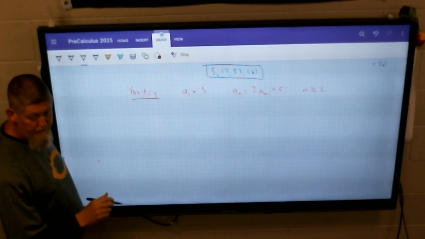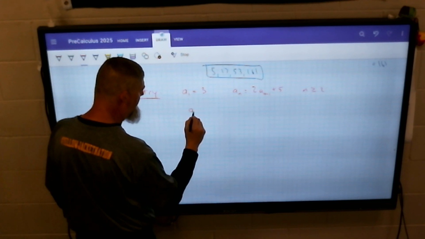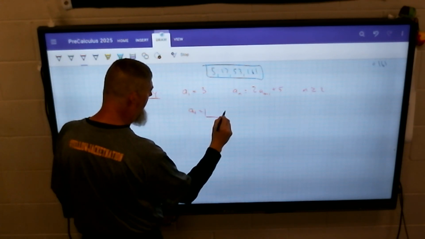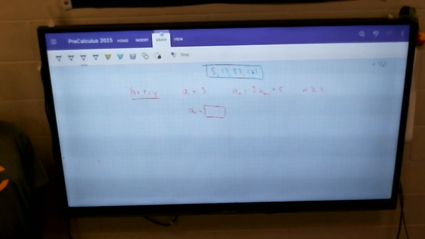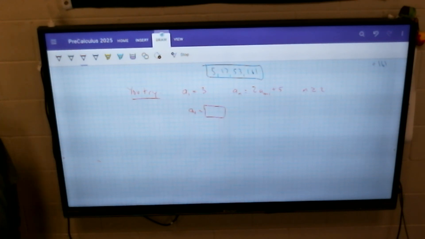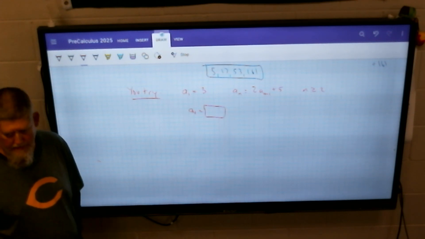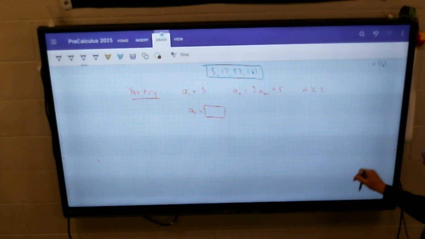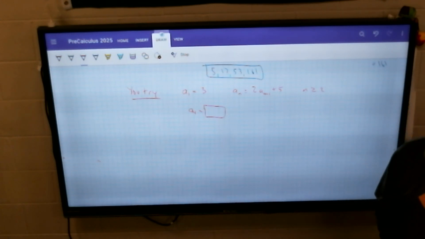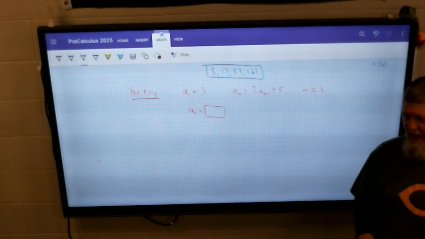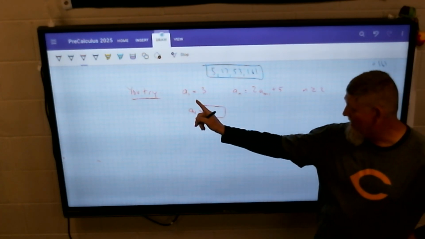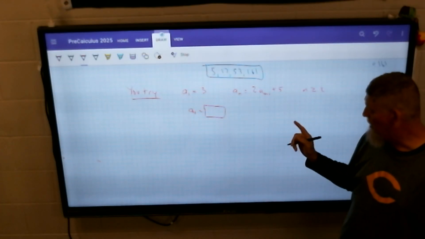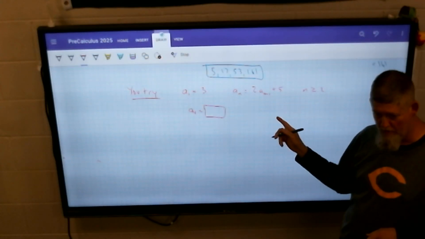I have a question. Find A sub 4, and then I'll answer your question. What is the n is greater than or equal to 2? What's it for? It's only there to tell you, I've given you the first term, so we can't find the first term with this particular formula.